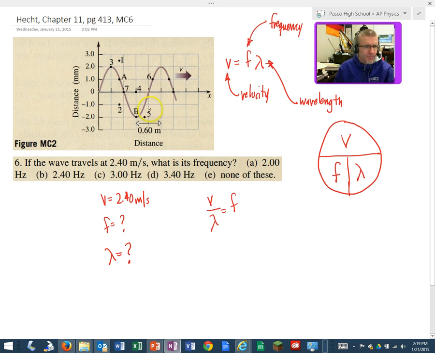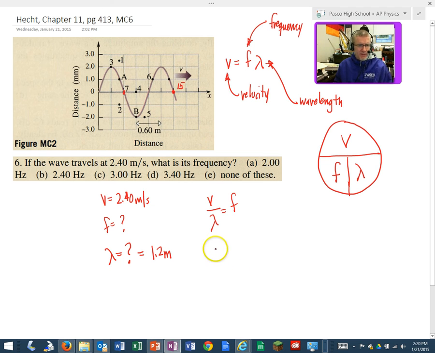So once again, I can pick a couple of points on this wave that are going the same. Let's pick 7 this time, and I'm going to call this point 15, let's say, just for fun. So 0.6, 0.6, 1.2 meters. So our 1.2 meters is our wavelength.